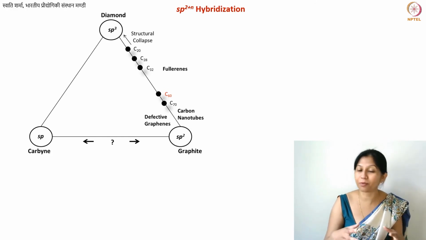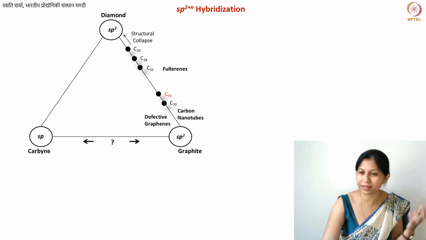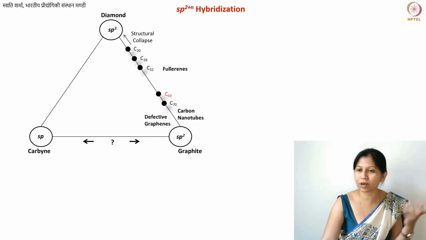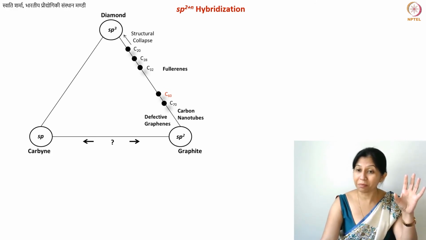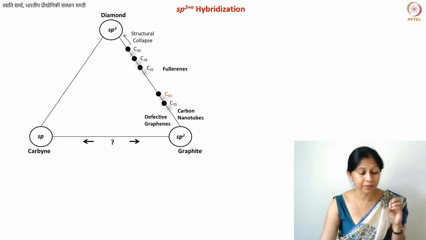Because after all, properties are defined by the crystal structure at a larger scale, and the availability of electrons, for example for conducting electricity, but also when it comes to thermal properties and many other properties, the free electron plays an important role. So the properties of the fullerenes also are in between sp2 and sp3.